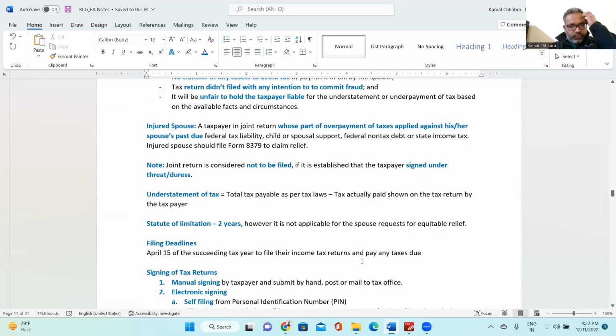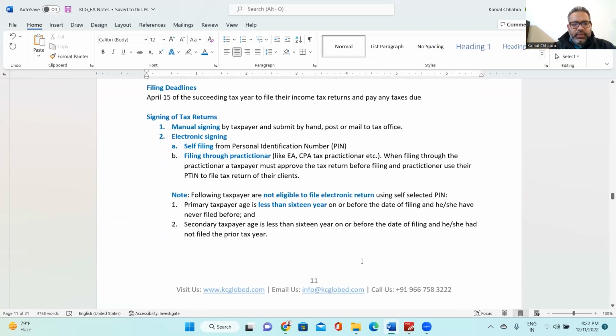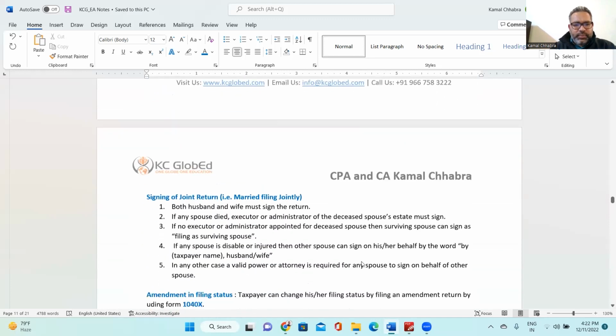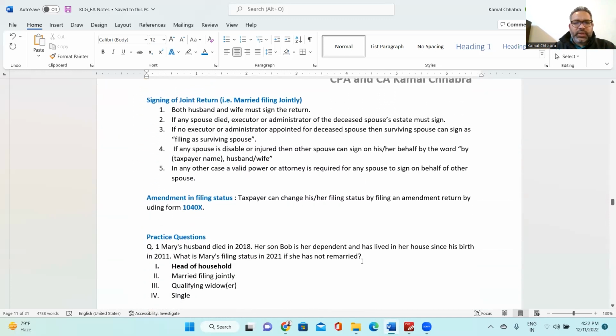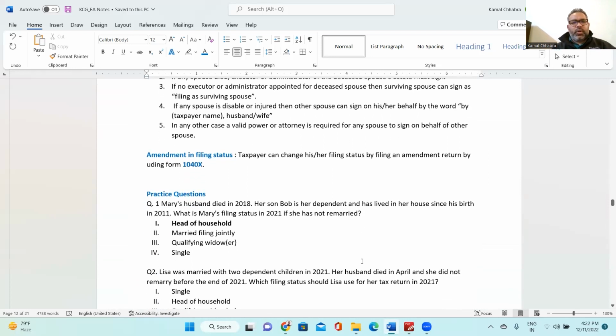Then we discussed what an injured spouse is, and understatement of tax and statute of limitation and the filing status. Then lastly, in yesterday's class, we covered signing of tax return: who can sign the tax return and how it can be signed, especially for signing of a joint return.